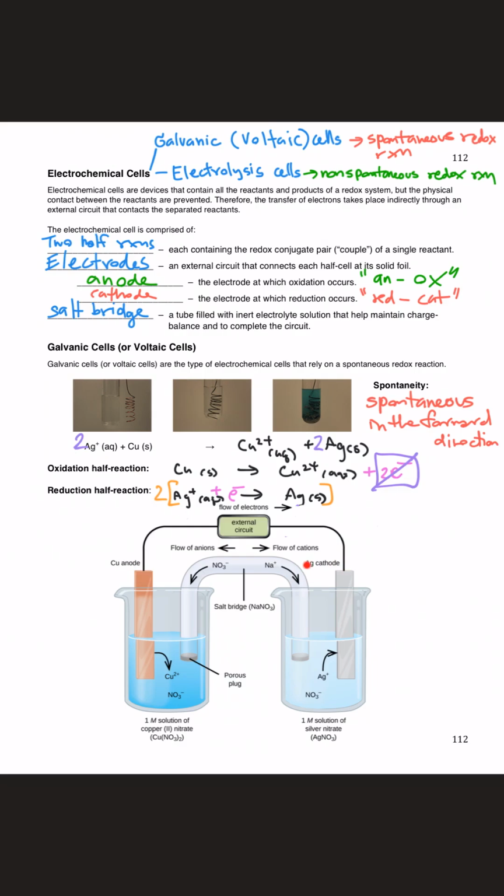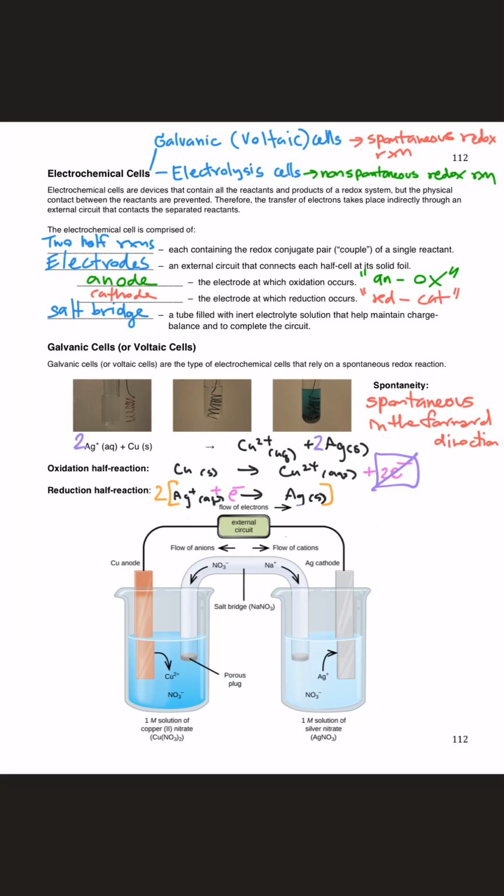On the other hand, silver would be the cathode because silver is in the reduction half reaction, and these would be connected through the external circuit, and the electrons would flow. You're also going to see the salt bridge, which allows the flow of ions to balance the charge within the electrochemical cell, or in this case the galvanic cell, because we are based off the spontaneous redox reaction between the silver ion and copper solid.